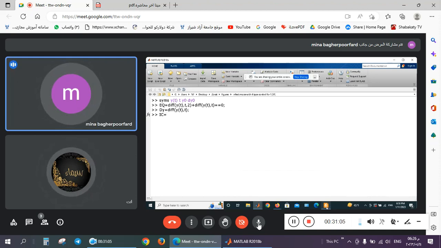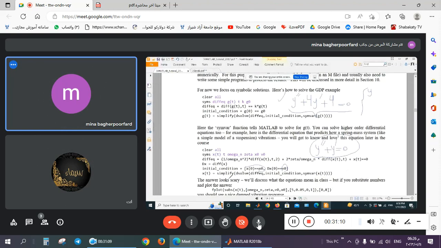Okay, I have two initial conditions. Please pay attention. Instead of initial conditions, I use IC. It is optional, and you can write any name that you want. I write IC instead of initial conditions. We have two initial conditions.